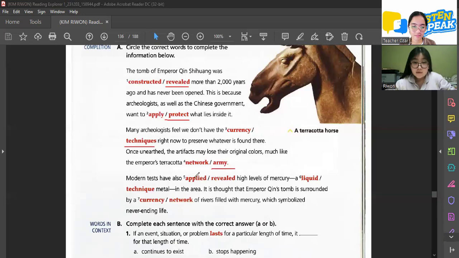Okay. Modern tests have also found high levels of mercury, or liquid metal, in the area. It is thought that Emperor Qin's tomb is surrounded by a currency of rivers.